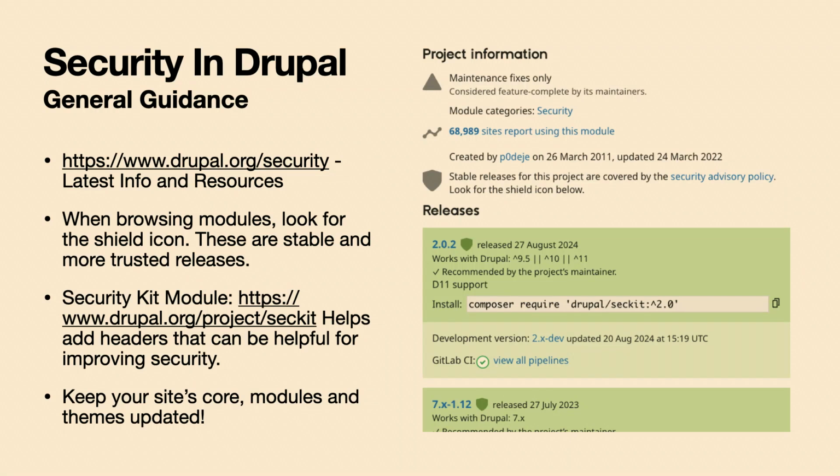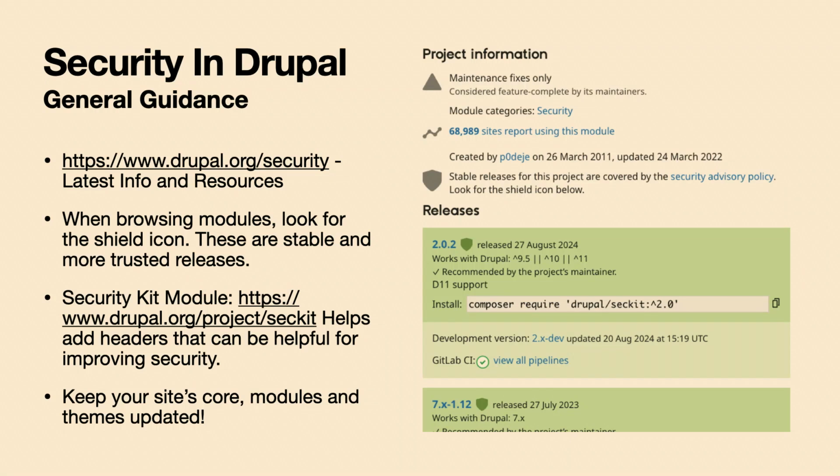And also very important to see that shield icon right above all the releases. This screenshot is from a few months ago, or 9 months ago maybe. That's why it's green instead of blue. Apparently the designers of Drupal.org changed the colors a little bit. But if you see that shield icon next to any of the releases, that means that the security team hasn't looked at all the code, but if there are security issues, they can be reported to them, and the security team, I think, will work on making a fix.